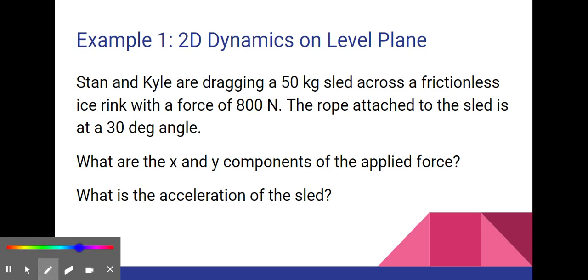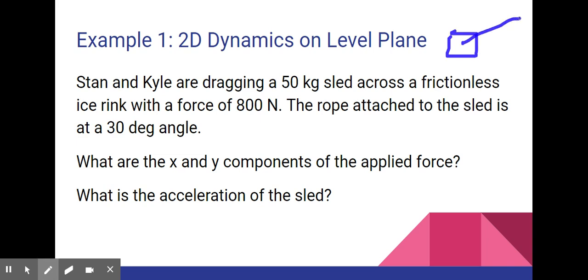Okay, so we've got the sled, and we have some applied force, and it is at a 30-degree angle to the horizontal. We have, of course, force due to gravity and the normal force. So what we need to do is split our applied force into its x and y components.